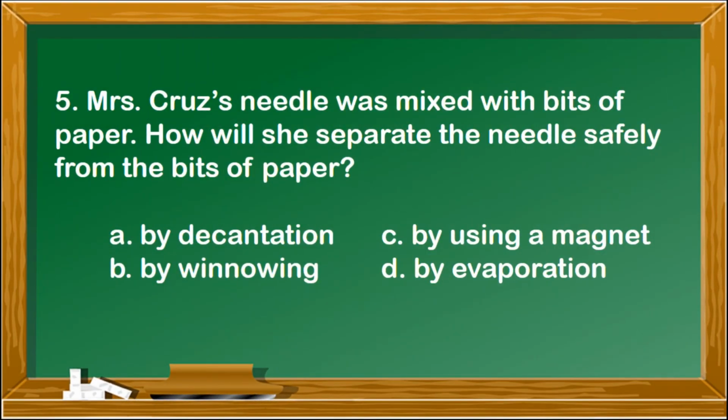Mr. Cruz's needle was mixed with bits of paper. How will she separate the needle safely from the bits of paper? A. By decantation, B. By winnowing, C. By using a magnet, and D. By evaporation. Correct answer is by using a magnet.